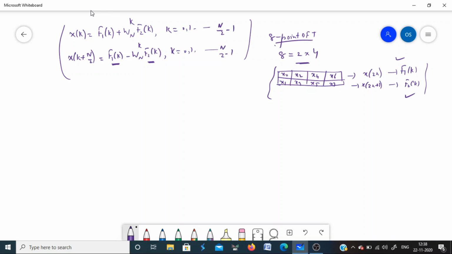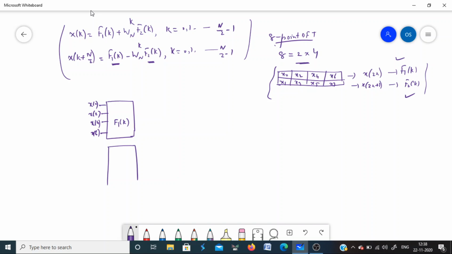So how do we do that? Suppose I have F1k, the 4-point DFT. I am taking an example, otherwise it is the N by 2 point DFT of even samples. It means the input for this is x0, x2, x4 and x6.